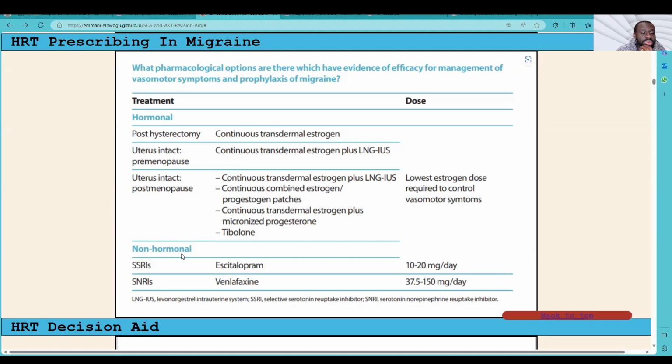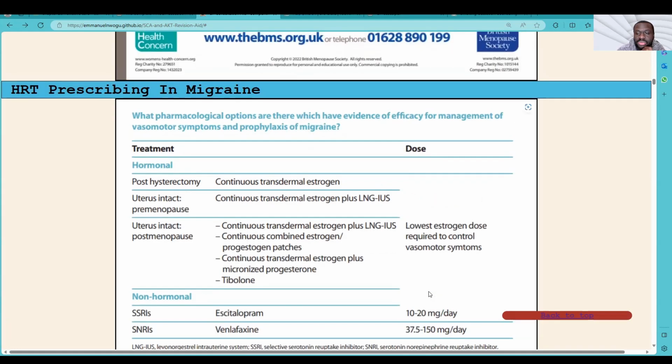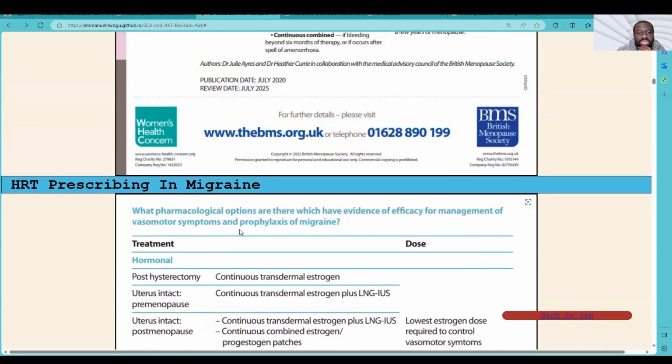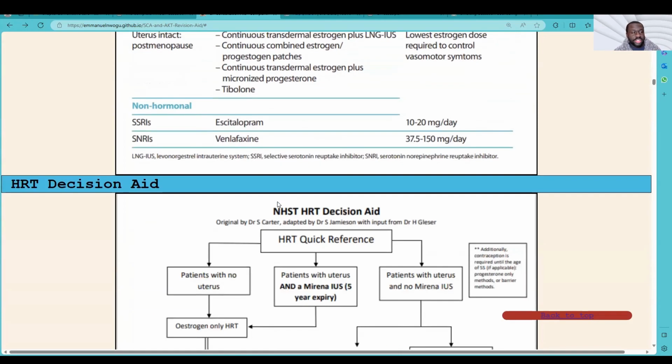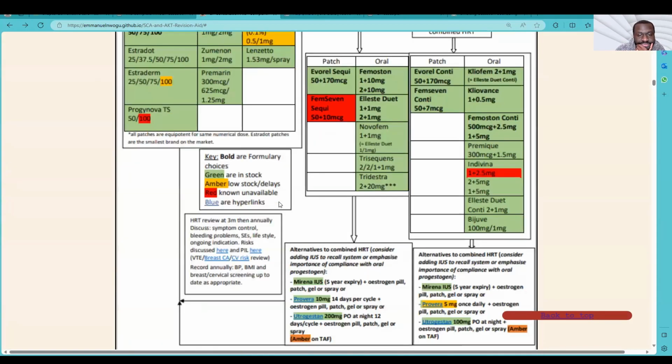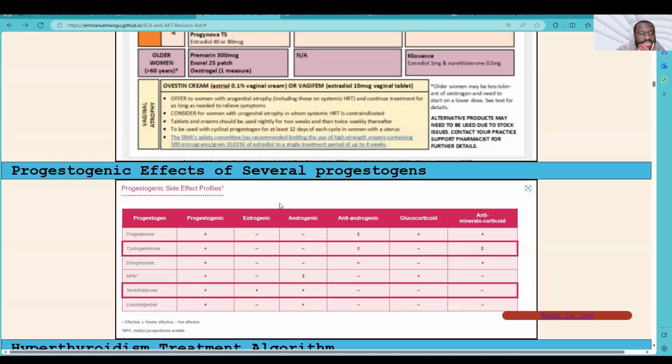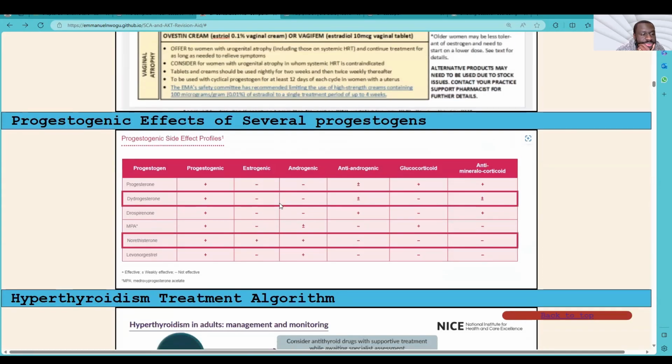So non-hormonal, SSRIs can be used, obviously escitalopram, and SNRIs, duloxetine, venlafaxine can be used. So migraine is not a contraindication for use of HRT. If one has a migraine, they can still have HRT. And we've looked at migraine, we've looked at HRT.